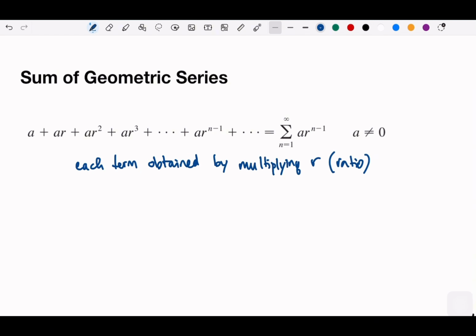The series that we discussed before, the Zeno, the 1/2, is the series when the first term and the ratio are the same, 1/2. So 1/2 multiplied with 1/2, and etc. and so forth.